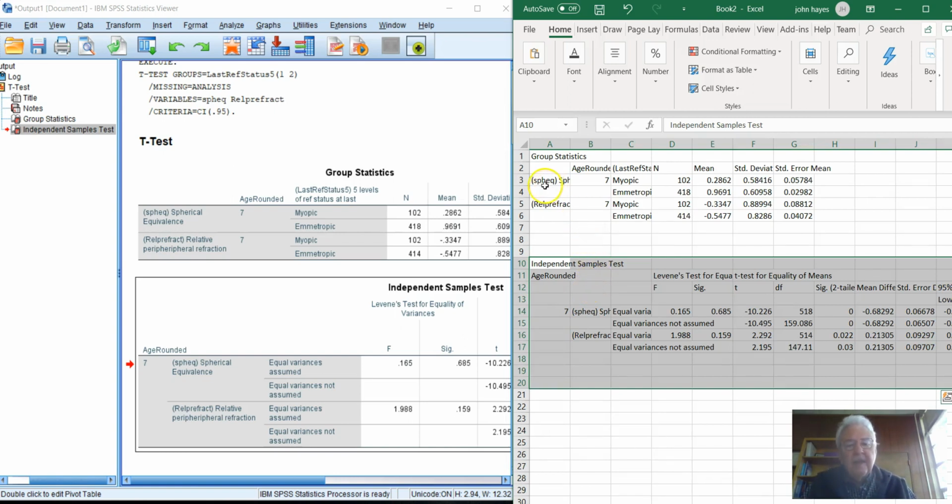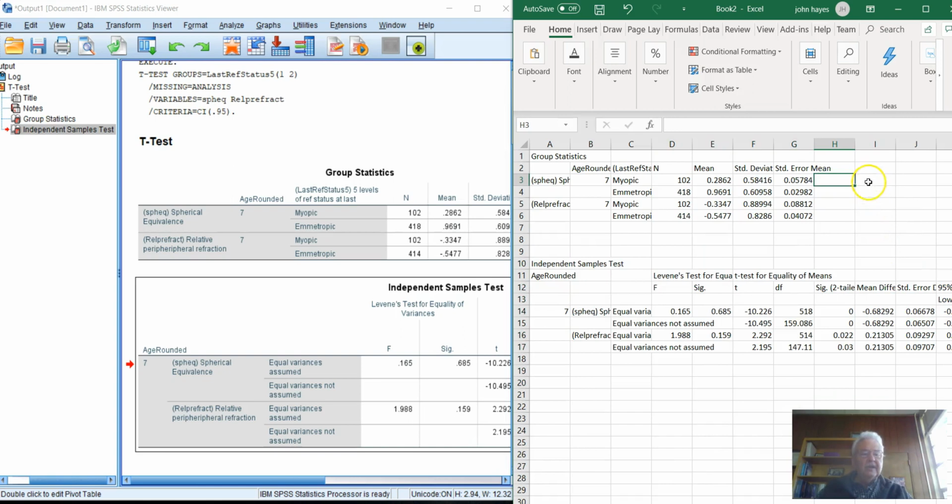And notice we have spherical equivalence and peripheral refraction. Now we want to do the effect size. So there's a couple of ways we can do it. We can use the mean difference in our results here and then multiply the standard error times the square root of n, but that actually is probably not the standard way of doing it.